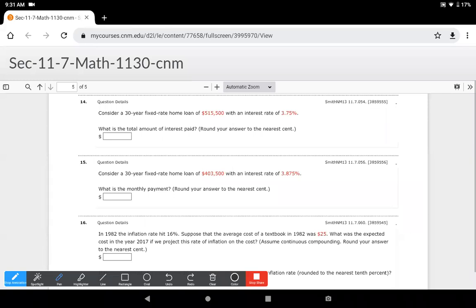So let's look. Consider a 30-year fixed home loan. I'm going to write down what I have. I've got a 30-year loan. I think that's P, so I'm going to call that P, the loan amount, principal, with an interest rate of.